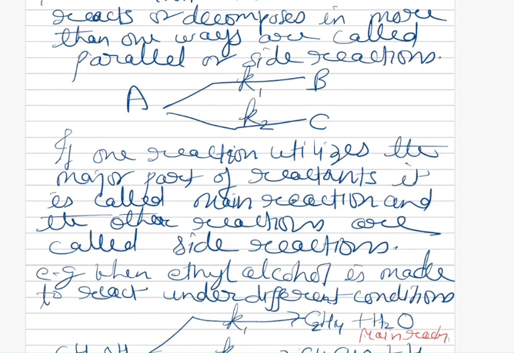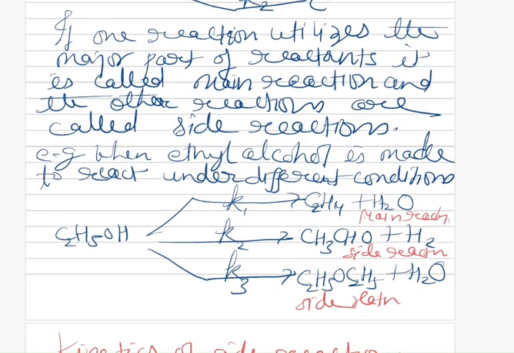For example, when ethyl alcohol is made to react under different conditions, it is shown here that C2H5OH gives C2H4 plus H2. Again, C2H5OH gives CH3CHO plus H2, and it gives C2H5OC2H5 plus H2.